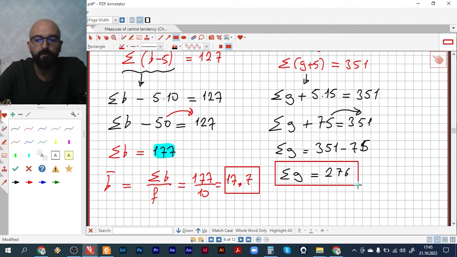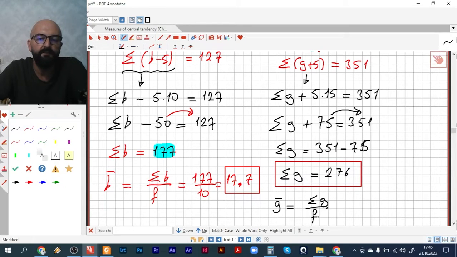Okay. Now we could find the sum of age of 15 girls. So if we want the mean of girls age for today, we should use the sum of G over frequency. The sum of G, 276 over 15.